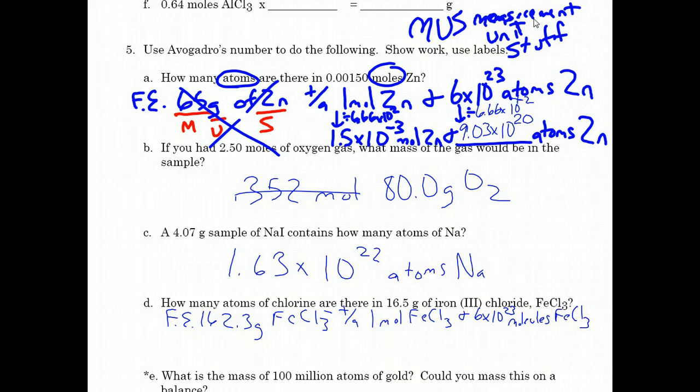Okay, so if I wanted to figure out how many atoms, I've first got to figure out how many molecules there are. And we have 16.5 grams FeCl3.